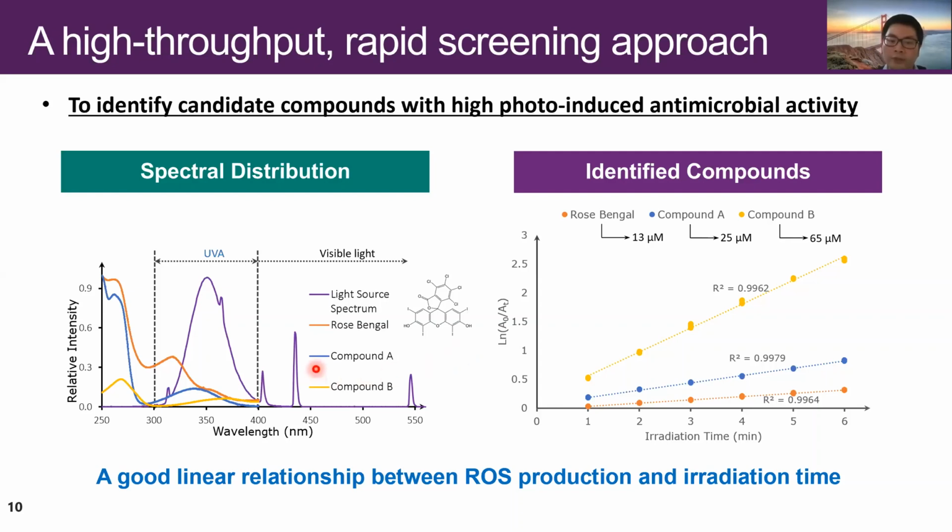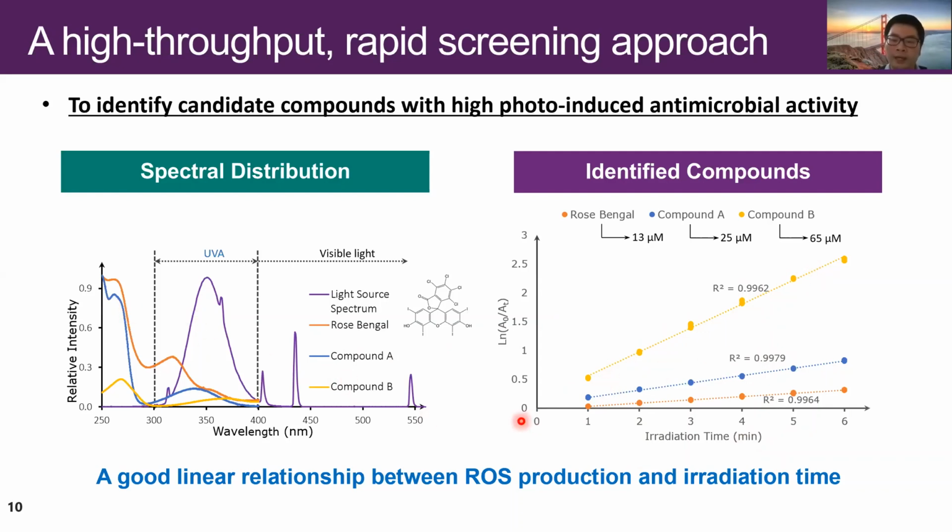Then we have two candidate compounds, and we found that these two candidate compounds generate more reactive oxygen species compared to rose bengal. And we also have a very good linear relationship between the ROS production and the irradiation time. The x-axis is the irradiation time.